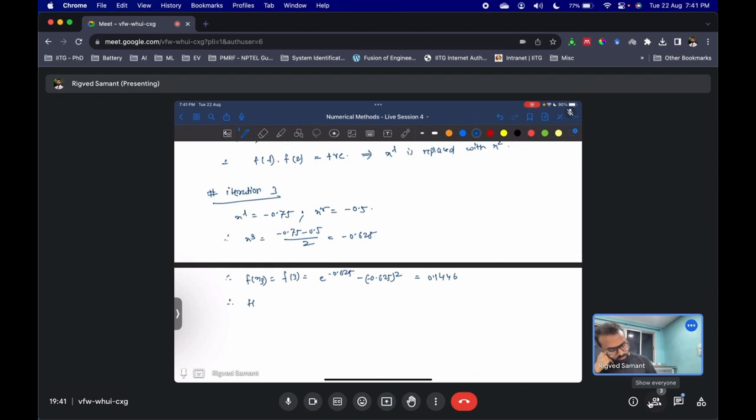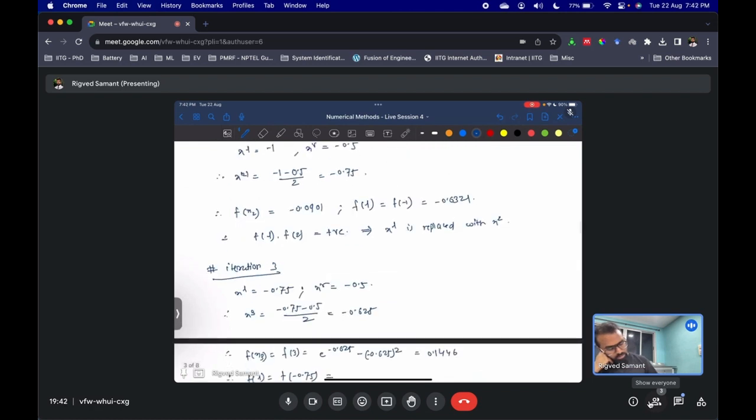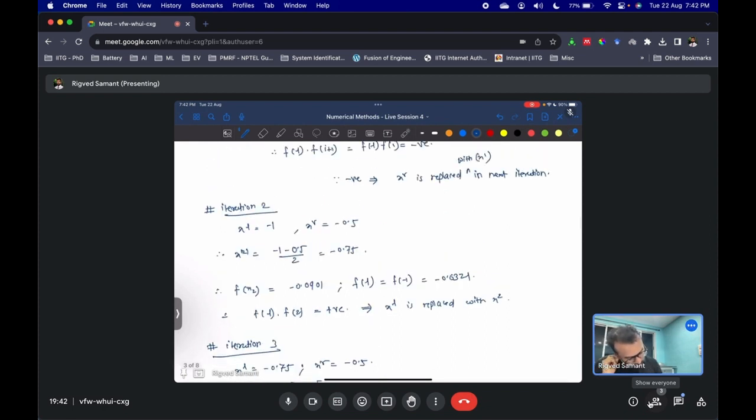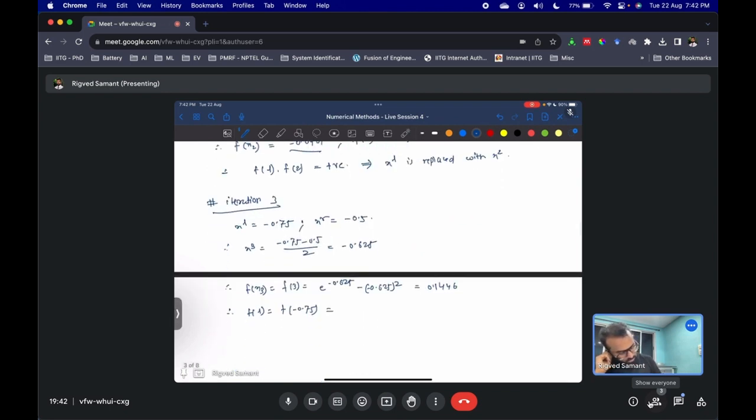Therefore, f of XL is f of minus 0.75, that you must have calculated, minus 0.0901. Here, what will f of XL into f of xi plus 1 be?